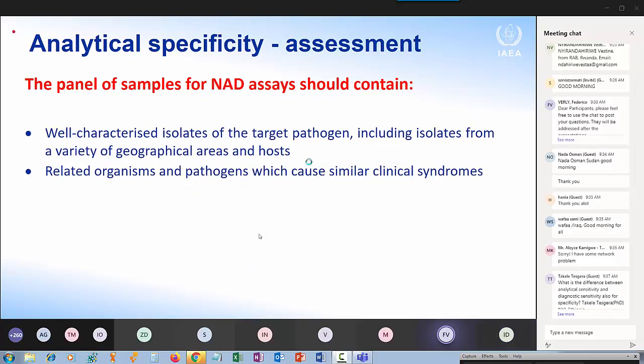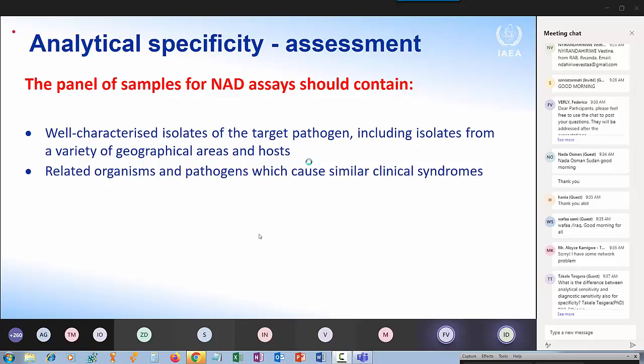The panel of samples that should be constructed and used for a nucleic acid detection assay should contain well-characterized isolates of the targeted pathogen, including isolates from a variety of geographical areas and hosts, which will test the specificity of the assay detecting the same pathogen, but which may have certain specificities if originated from a wider range.